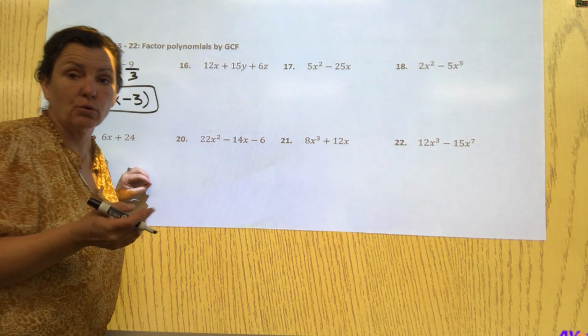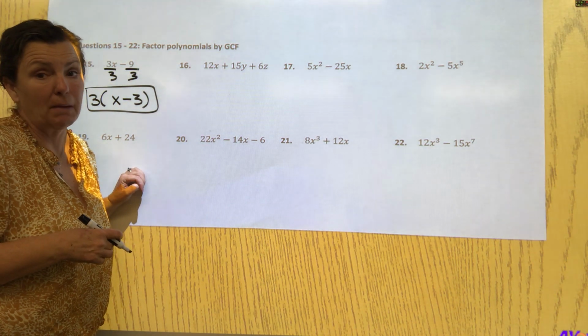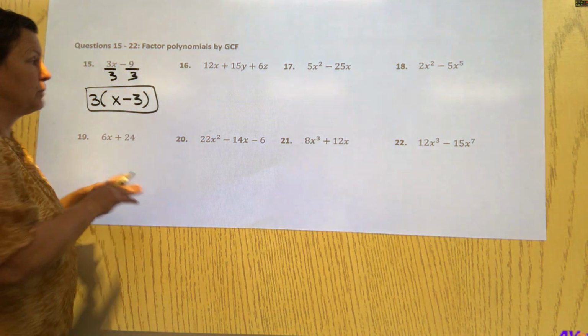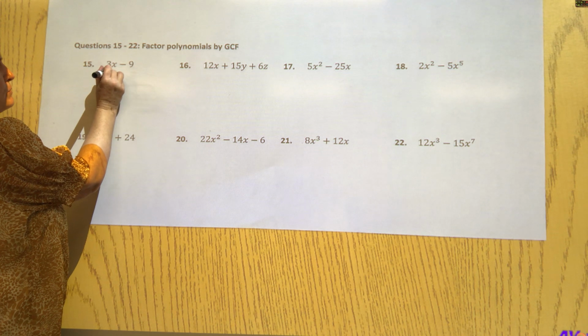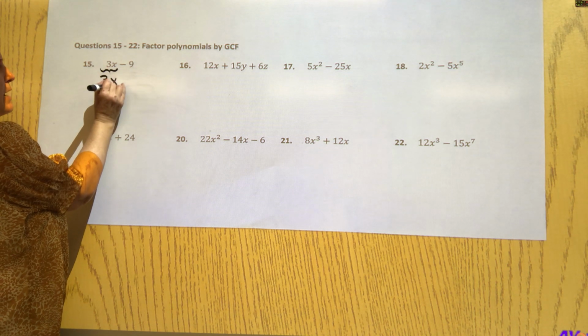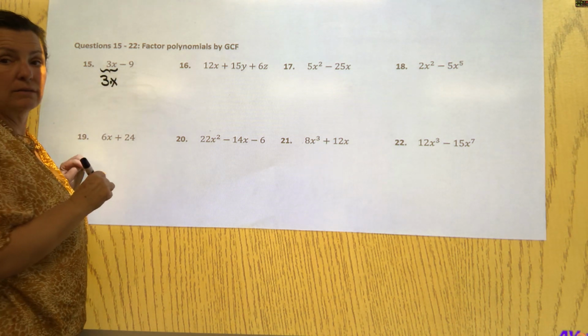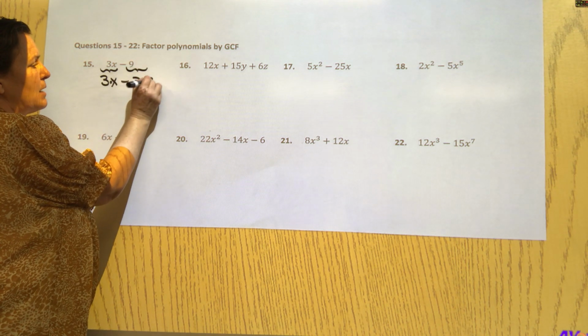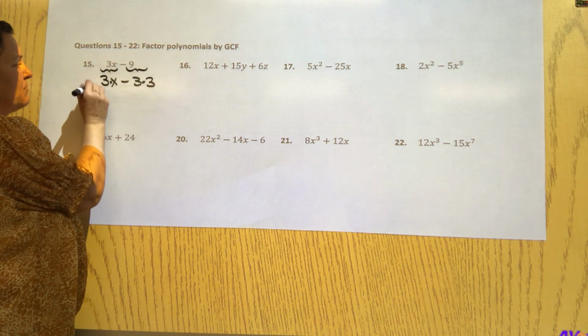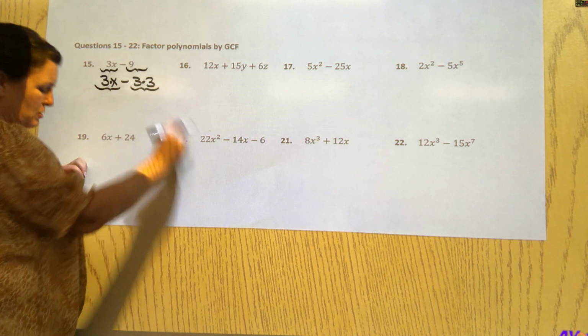Now that works for the majority of kids, that kind of technique. You might be a kid that goes, I need something more. Okay, cool. Here's the more. When in doubt, we're going to write these out. 3 times x is also known as 3x. Minus 9 is known as 3 times 3. I have 2 chunks of information, chunk 1, chunk 2.